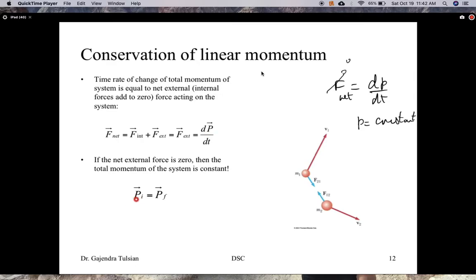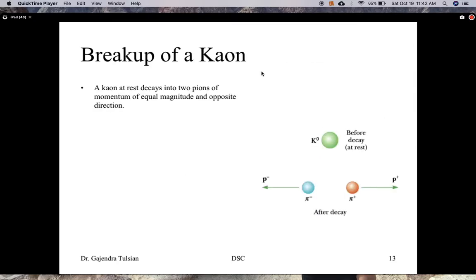That means the momentum of the system will remain constant through an event. So we'll be interested in objects colliding, for instance, and the momentum of the system before the collision will be equal to the momentum of the system after the collision. All right, so that's the situation we're looking at.